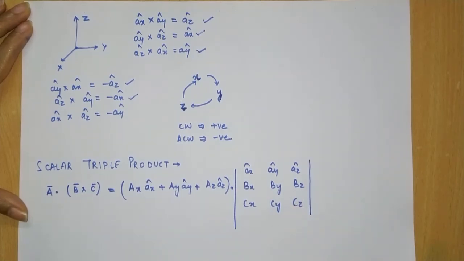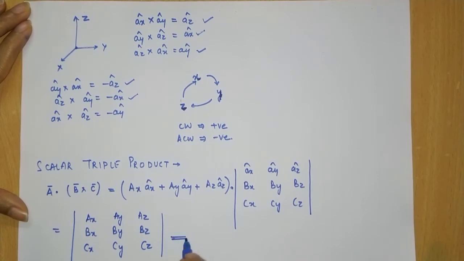We know ax will be multiplied by ax cap, so it becomes the determinant of ax, ay, az, bx, by, bz, cx, cy, cz. This gives us a scalar triple product.